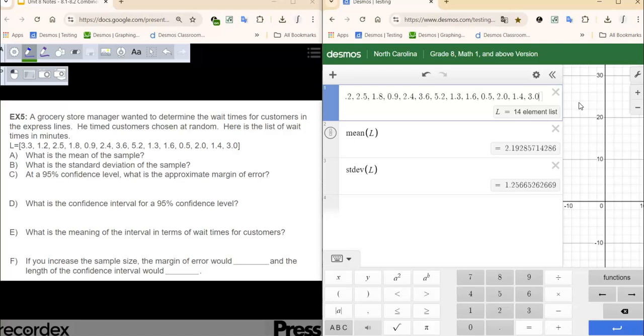So hopefully I have typed everything in correctly there, and you can see here I've got 14 elements in my list, and you probably saw these numbers changing as I was typing that stuff in.